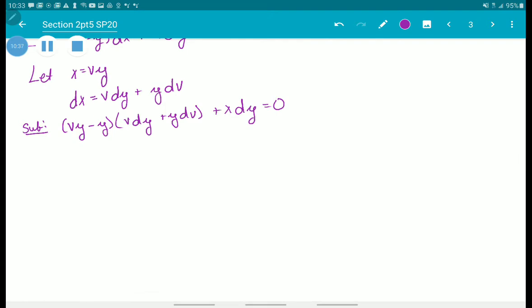So the goal is always going to be to try to separate the variables. So we're going to distribute. We have a binomial times a binomial here. So fronts, outsides, insides, last, plus x dy.